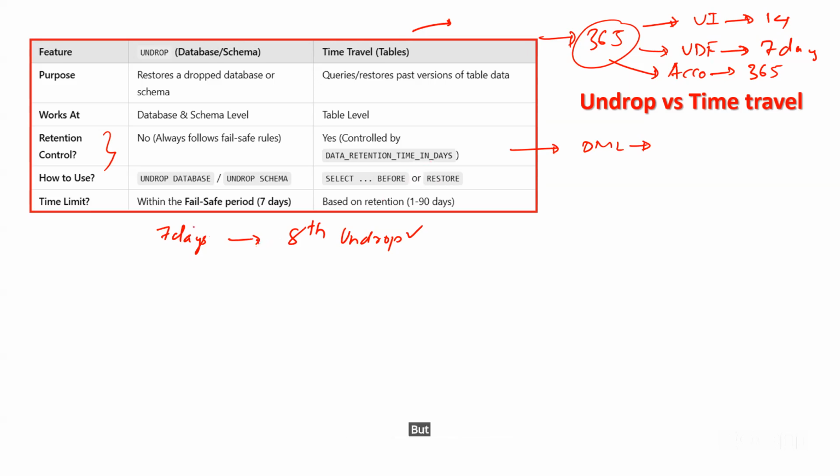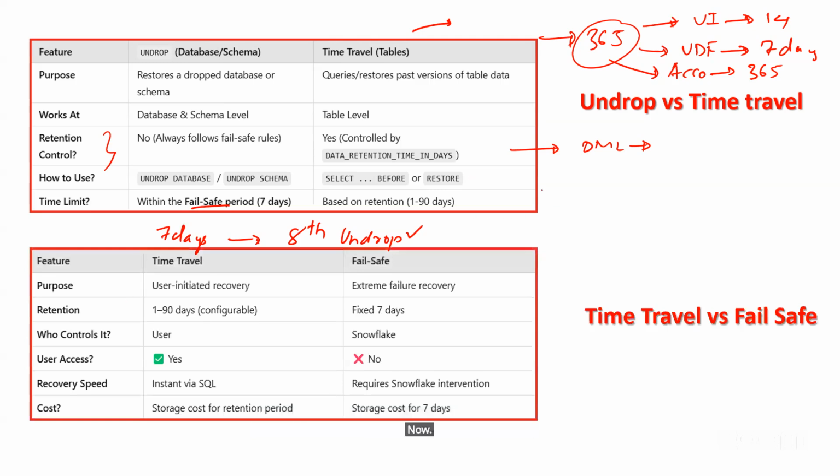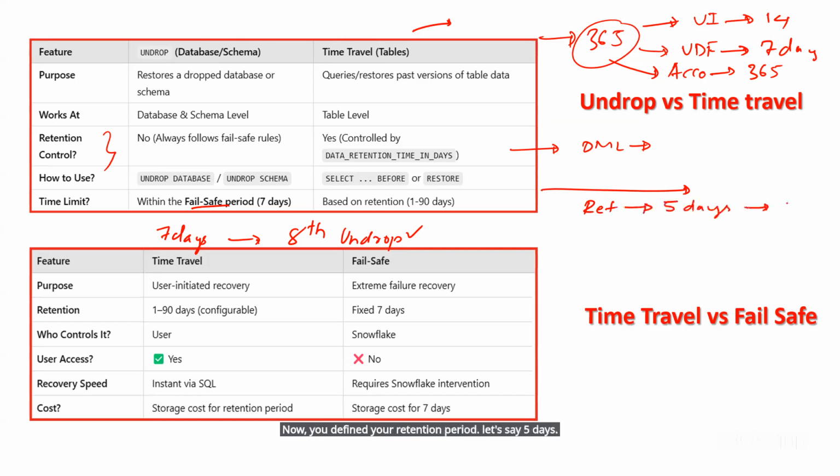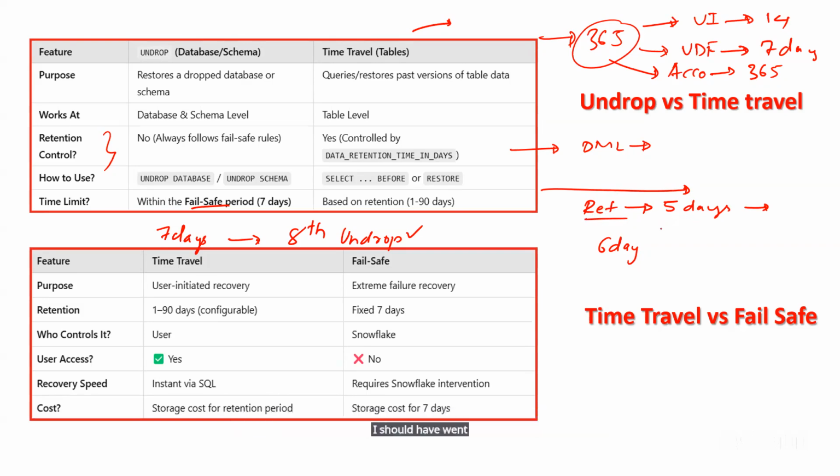But there is one more thing called fail safe inside your Snowflake. What is this fail safe doing? Say you defined your retention period as 5 days. On the second day you dropped something, and on the 6th day you came to know that you should not have done it, but now it's done and your retention period is over.